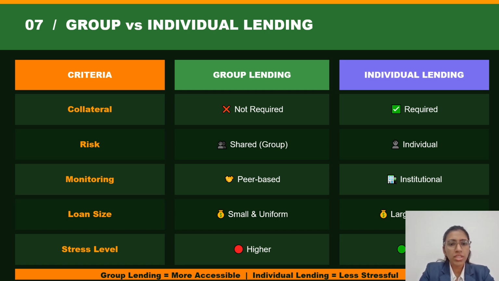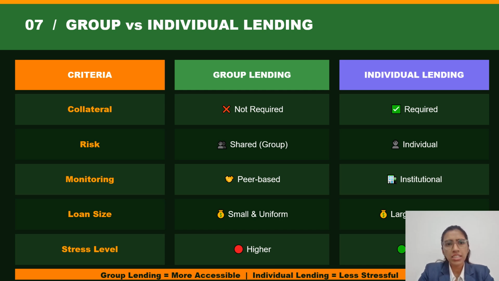Your notes also include a quick comparison of group lending versus individual lending. In this slide, you can see the different criteria for group lending and individual lending, such as collateral, risk, monitoring, loan size, and stress level.